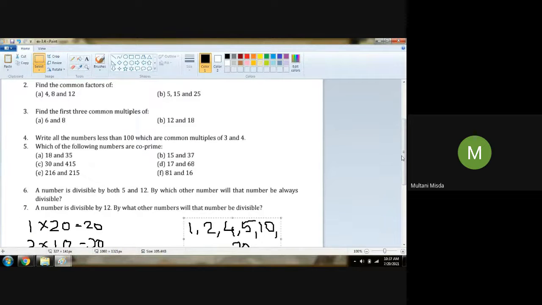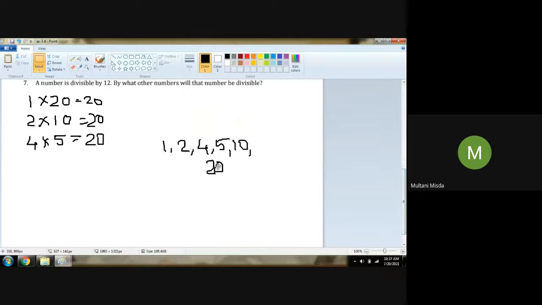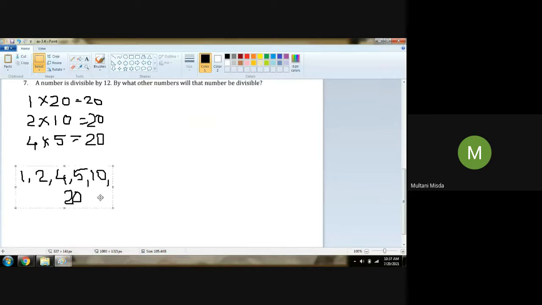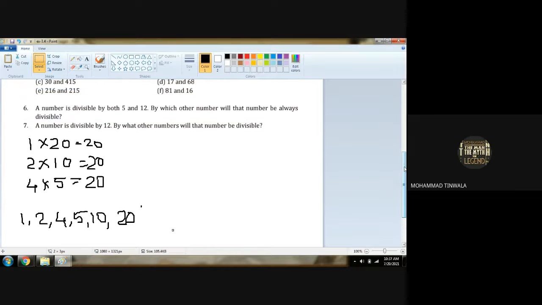Yes, sir. Okay, chalo. Sir, do we have to write like this in the fair book? Yes, we have to first get the factors of 20 and 28 like this. So this was for 20, right?